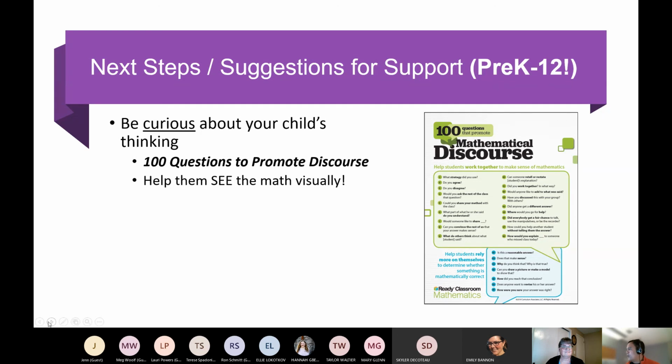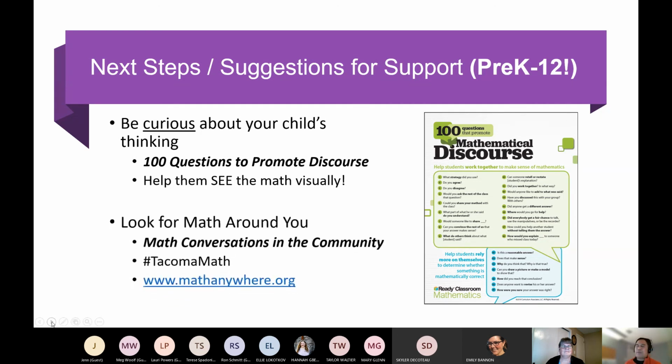Something else that we suggest, that we hope we can get everyone in Tacoma to do, is to look for math around you. So in the last pages of the document, there are some pages around math conversations in the community. That relates also to the website at the bottom, mathanywhere.org, that is coming out of one of our local service districts south of us.